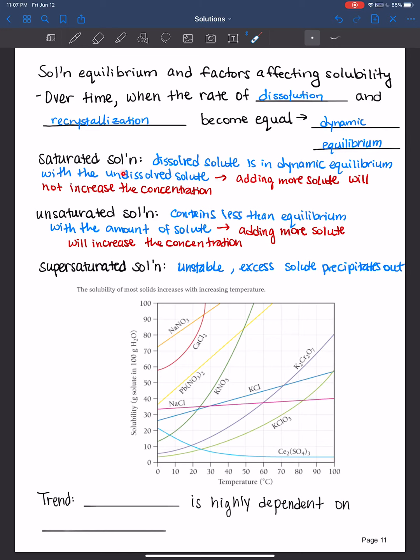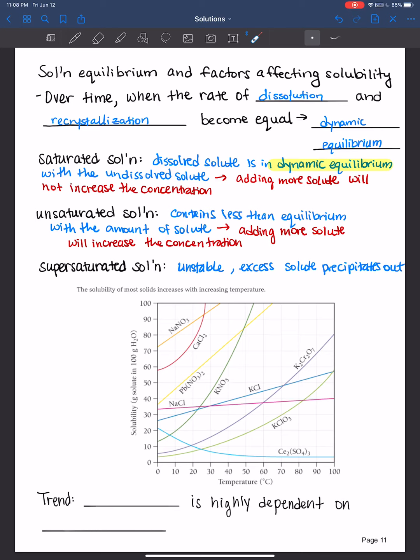In the saturated solution, you're at that sweet part where they're at equilibrium. You're in dynamic equilibrium here with the undissolved solute. It still physically would look like an unsaturated solution, but in this case, if you add more solute, then you will not increase the concentration, and then you would start to witness precipitation.